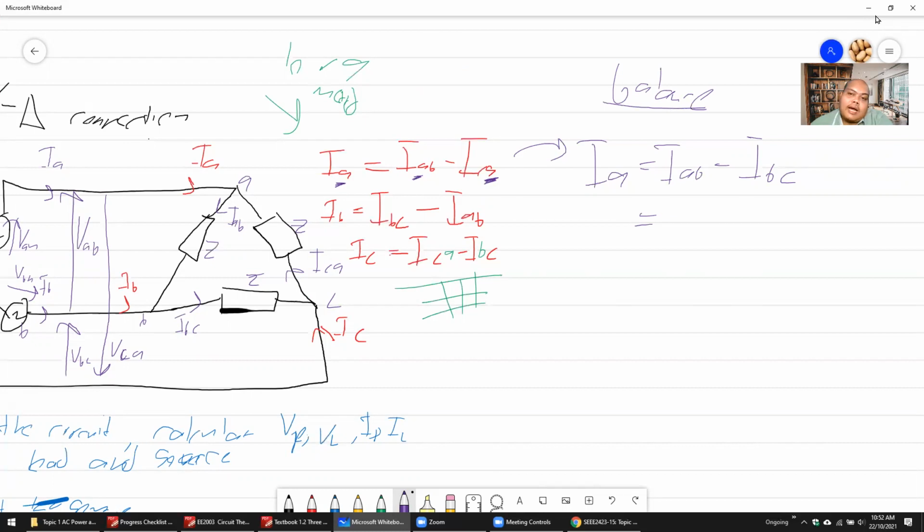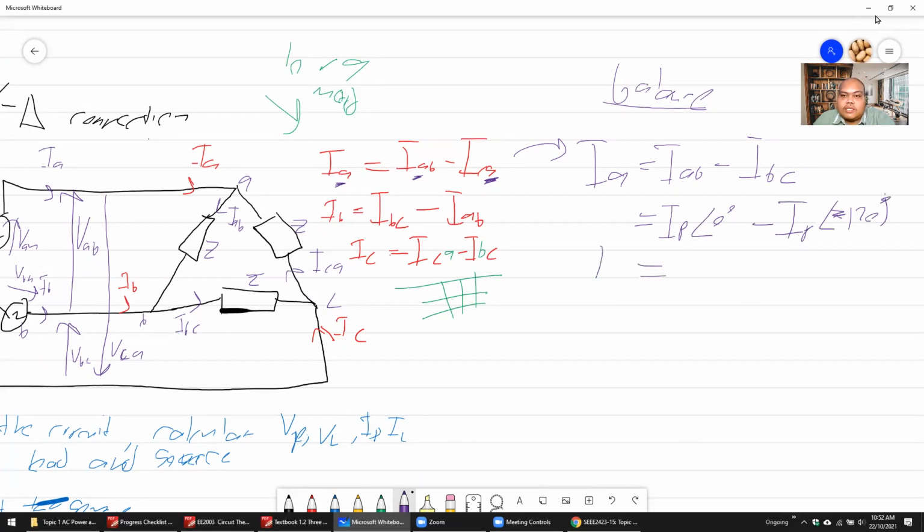So IA is I phase angle 0 degrees minus I phase angle negative 120 degrees.